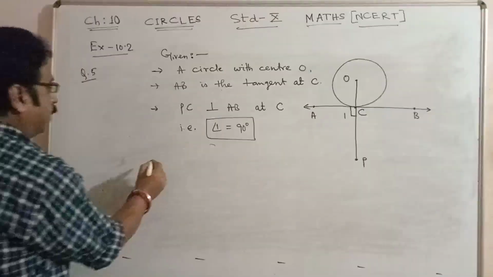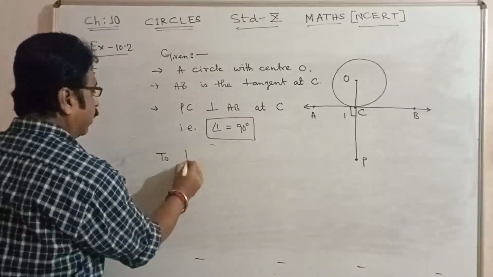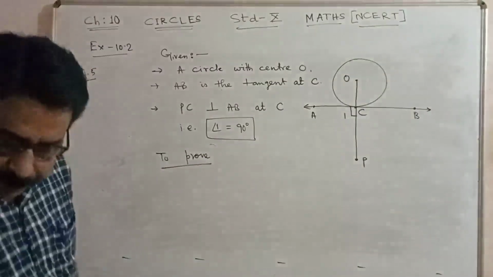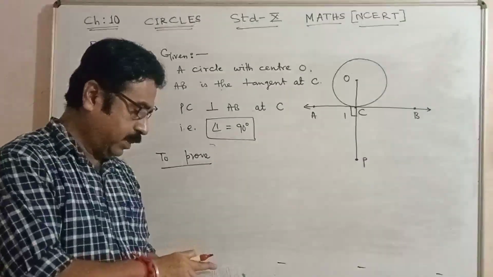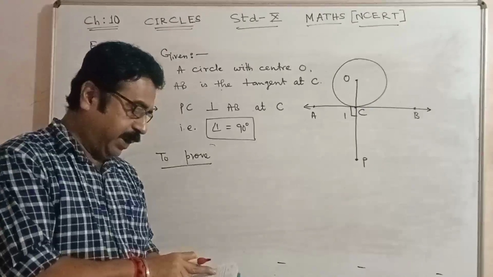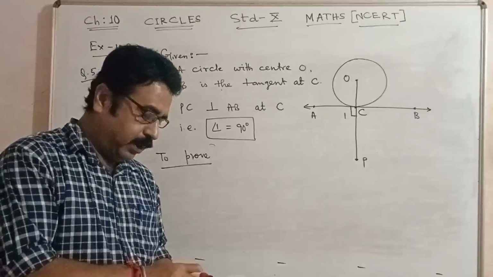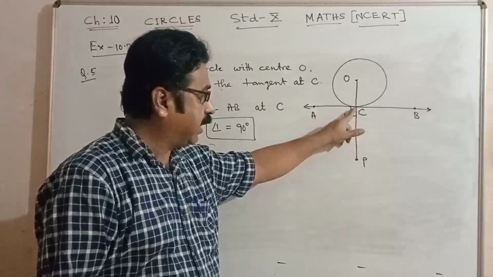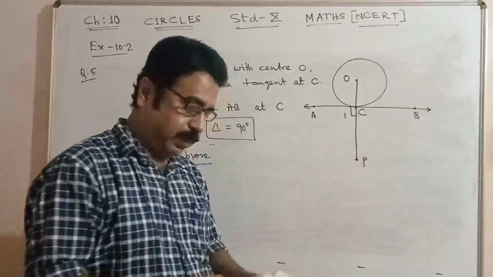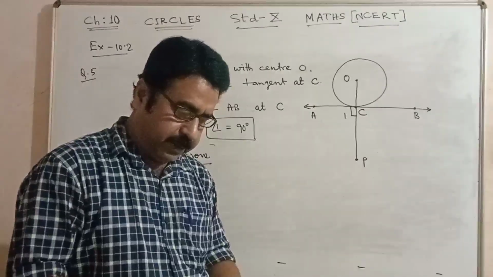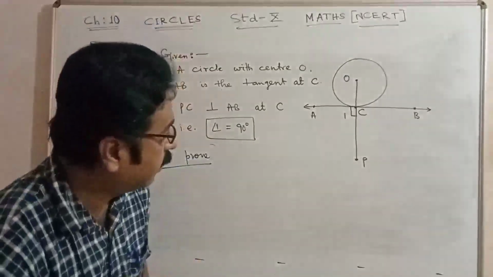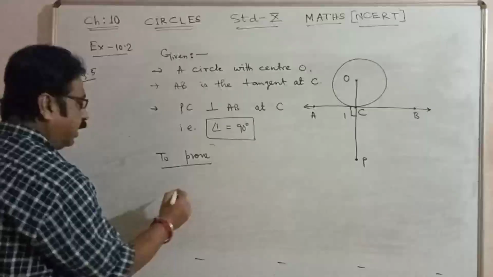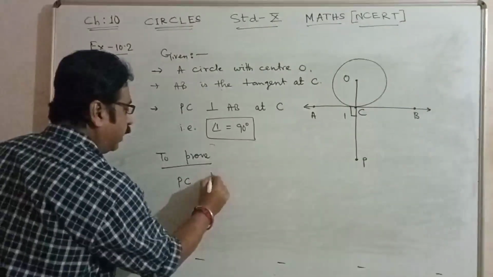What we have to prove? To prove the perpendicular at the point of contact to the tangent passes through the center. To prove PC passes through the center.